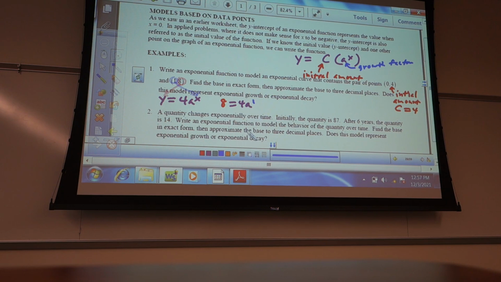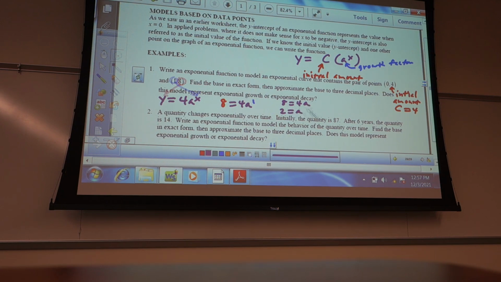Okay, how do I solve that for a? Well, you can cancel out the exponent 1 and make it just 4a. So first we have 8 equals 4a. Then how do I get just a? Divide by 4. If I divide both sides by 4, I get a equals 2.